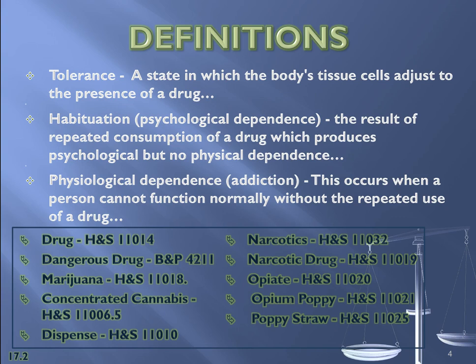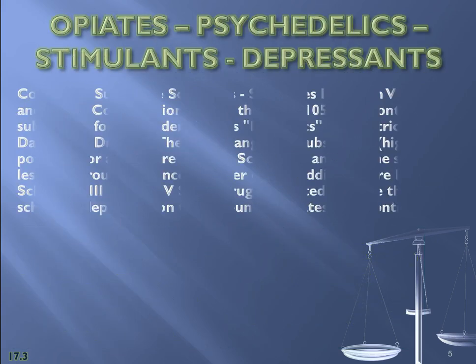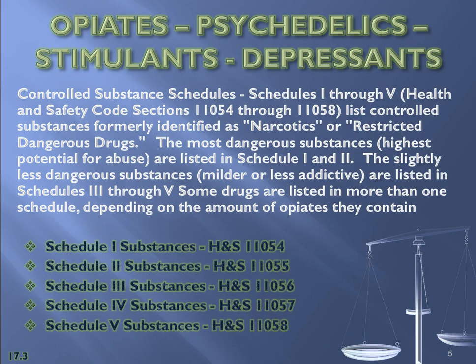Now, don't panic if you don't have a vehicle code, a health and safety code, or a penal code, or any of that stuff. You can go to your search engine, whether it's Yahoo, Google, or whatever you like, and type in California Penal Code for marijuana, and it will pop up. So you can find anything that you want on the internet, and it's a good source of information.